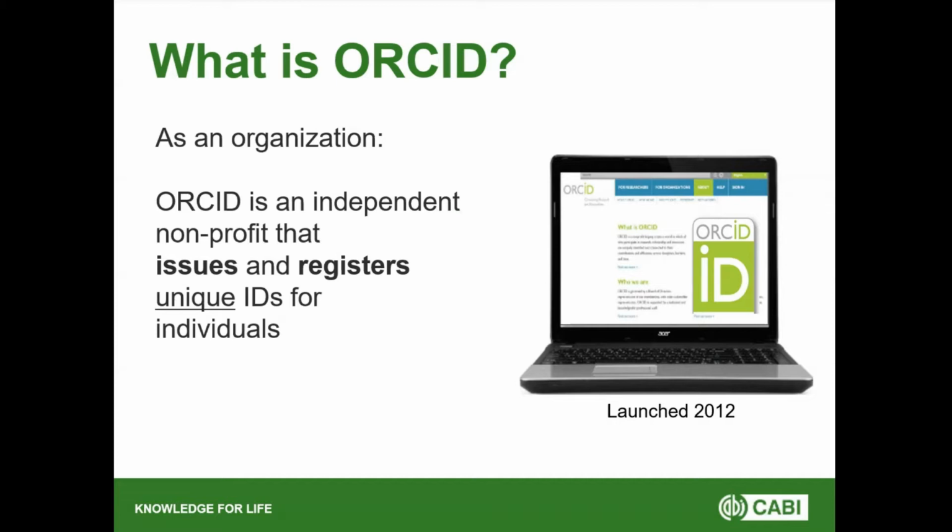It was launched in 2012 and has become a critical part of the digital infrastructure needed for researchers to share information on a global scale. The system is in place and enables transparent and trustworthy connections between researchers, their work, and their affiliations by providing a unique identifier associated with them.